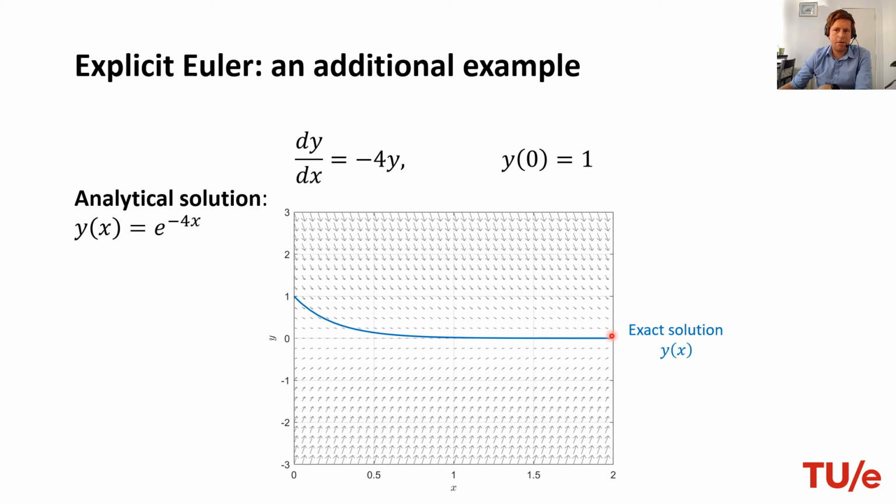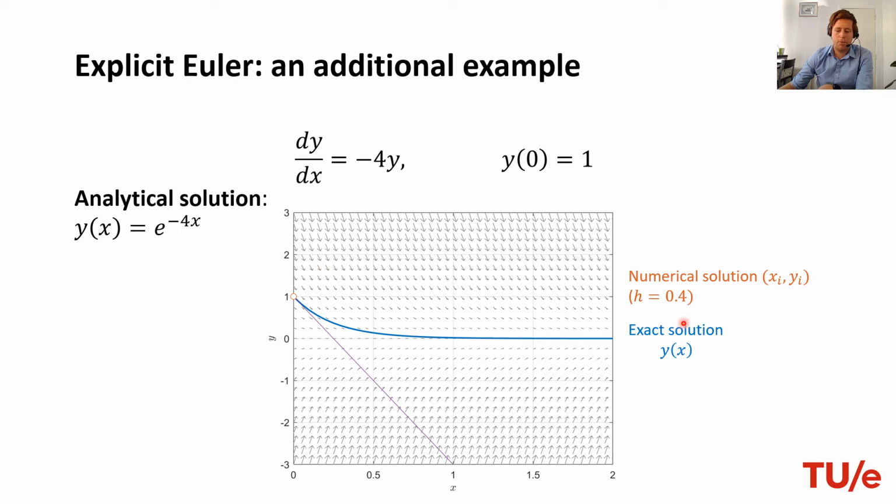Now let's take a look at what happens when we apply explicit Euler to this example. We will take a numerical explicit Euler solution where we use h as 0.4, and we start from our initial condition. We draw a line which has a slope corresponding to the direction field evaluated at the current solution, that is this orange line.